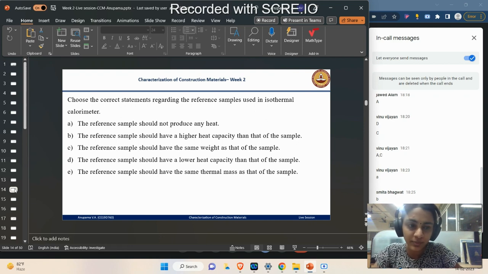And she also goes with C. That is, it should have the same weight as that of the sample. Okay.